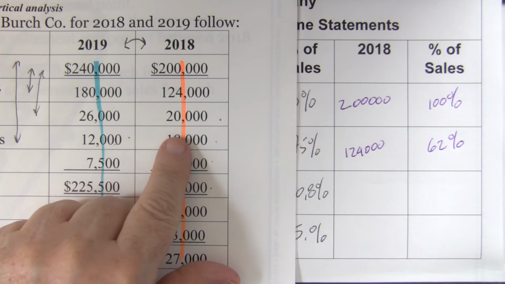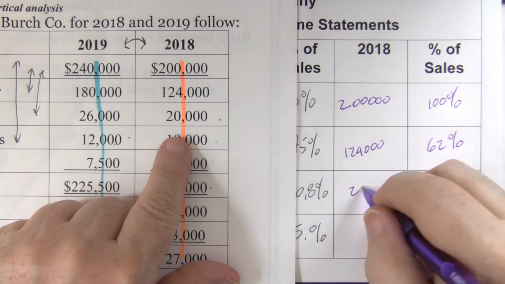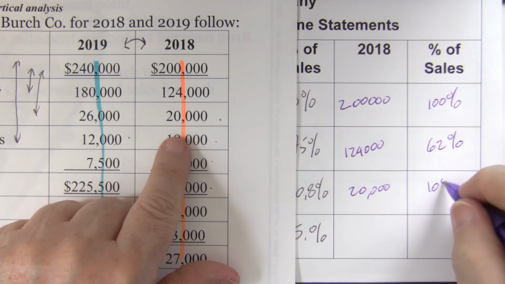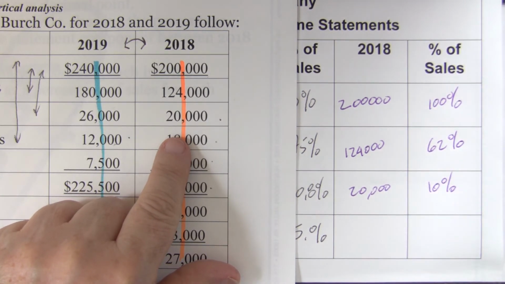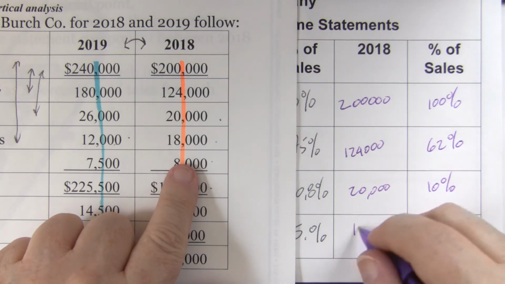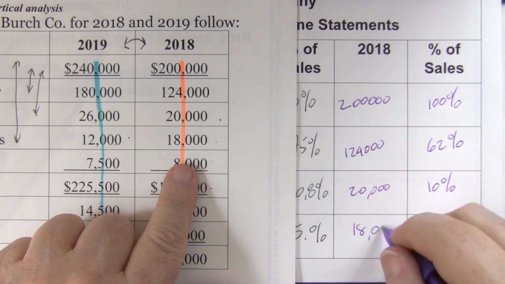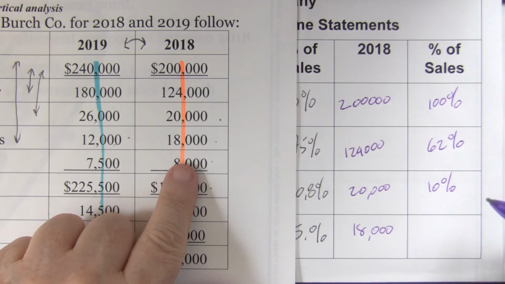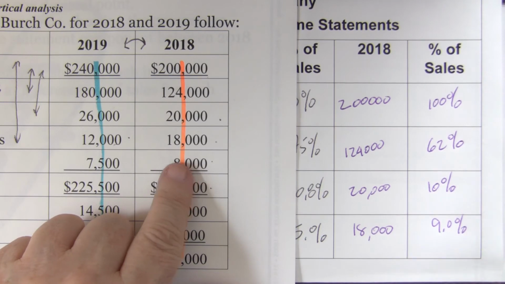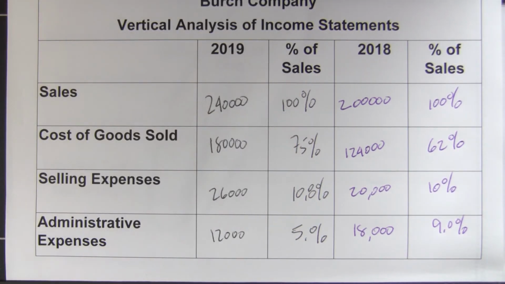Our selling expenses last year were $20,000. That was 10% of sales. Our admin expenses last year were $18,000. Divided by 200,000, it's 9% of sales. Not 90, 9.